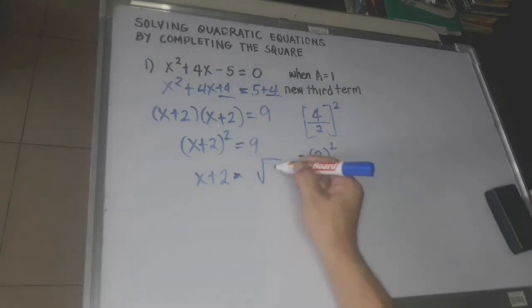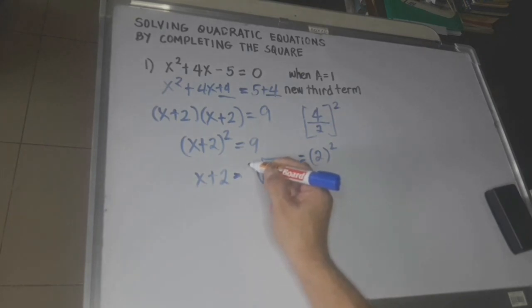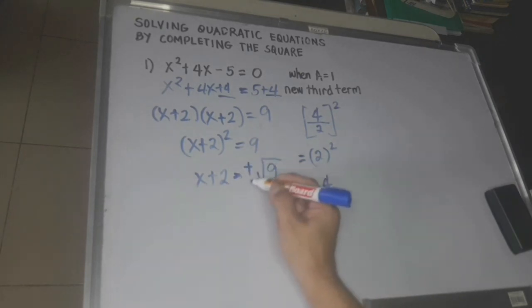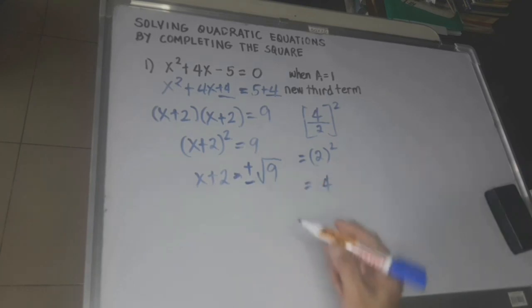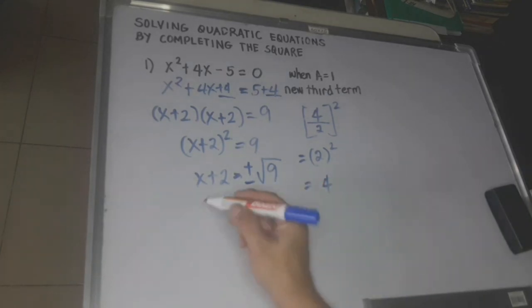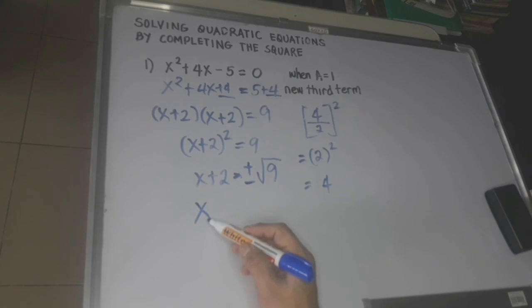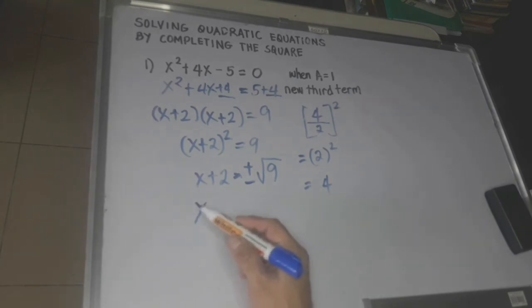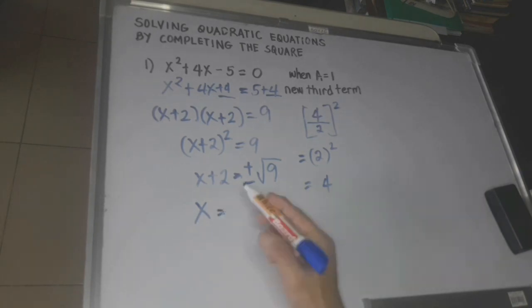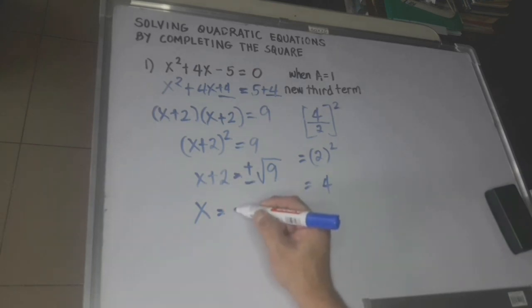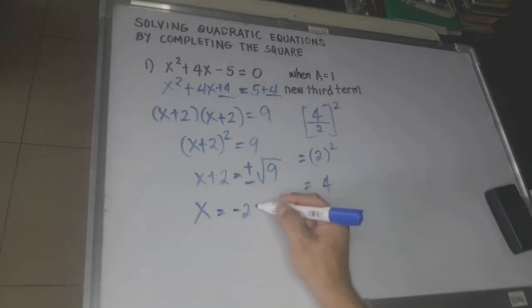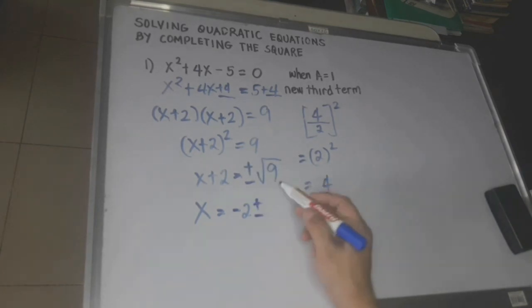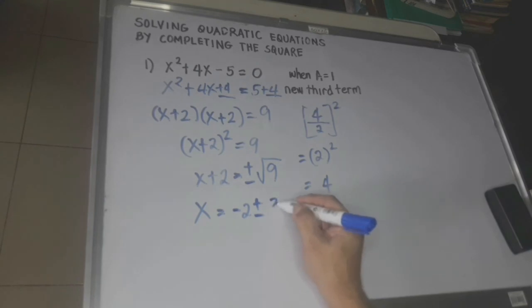We have the square root of 9, plus and minus. X should be alone at the left side of the equation, so transferring positive 2 to the other side, it becomes negative 2, plus and minus the square root of 9, which is 3.